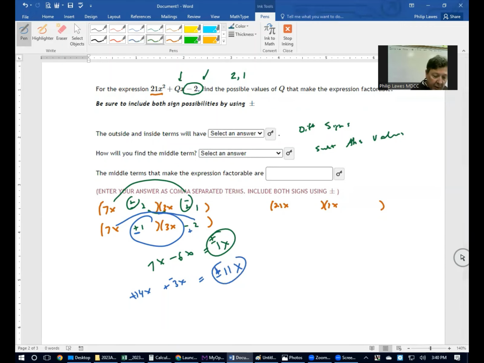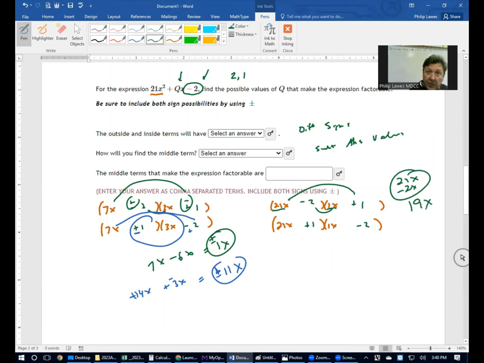Now, the same options go with the 21x and the 1x. I could have a -2 and a +1, or +1 and a -2. And again, the outsides are 21x, and the insides are -2x, which gives me 19x.